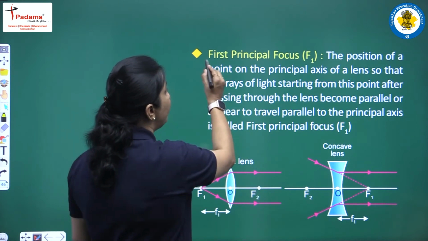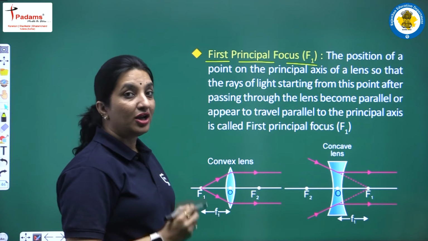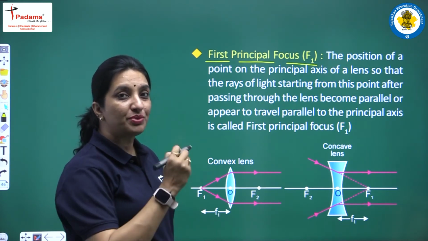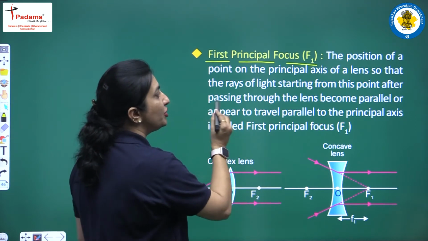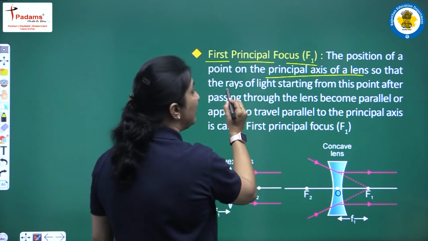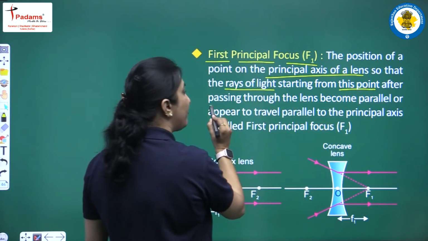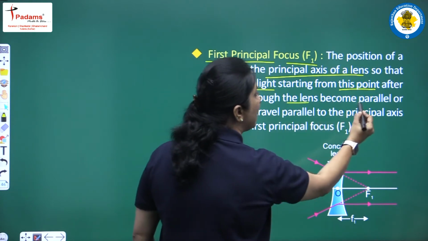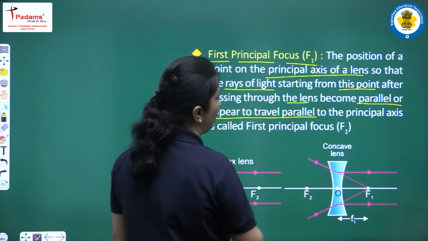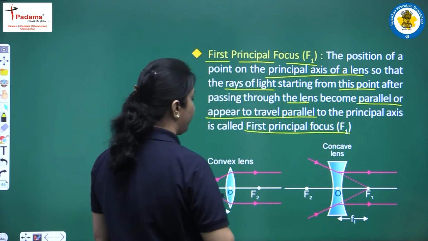Next is the first principal focus, which is denoted by F1. Now let's understand what this first principal focus is. The position of a point on the principal axis of a lens so that the rays of light starting from this point, after passing through the lens, become parallel or appear to travel parallel to the principal axis is called the first principal focus.